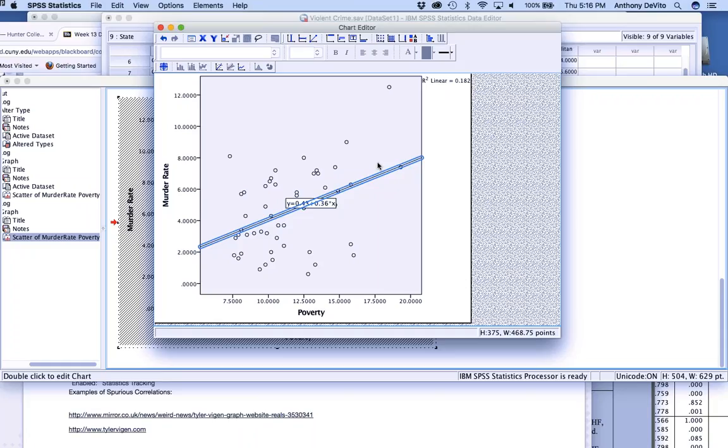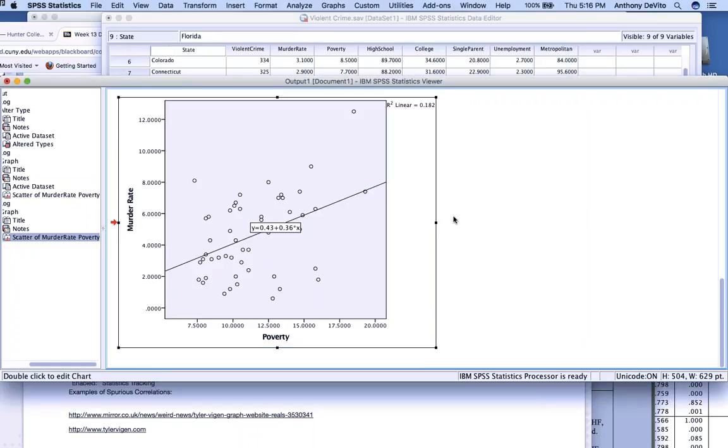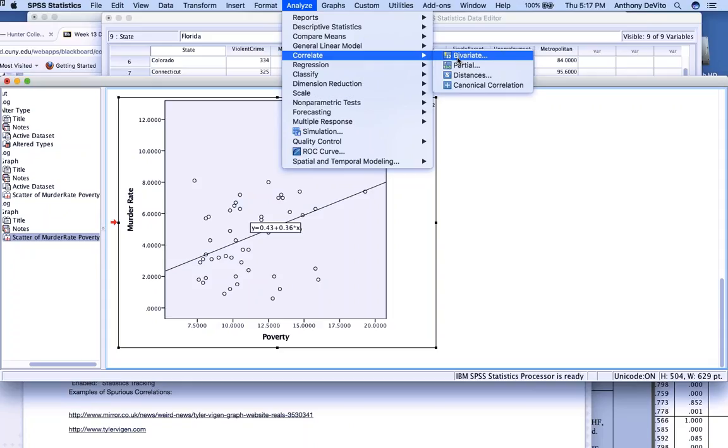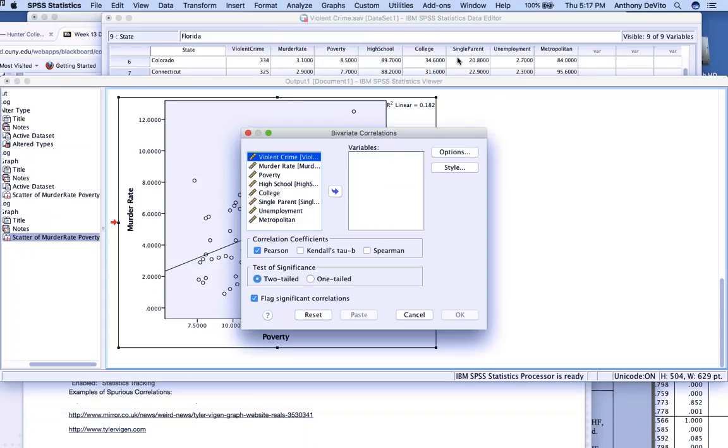So how good is this correlation? The way we can do that is we can go here and say analyze. I'm going to close that window. I'm going to say analyze, and we have a function correlate. This is bivariate correlation because there are two variables, and I'm going to move the two variables I'm working with in here, violent crime rate and the murder rate.